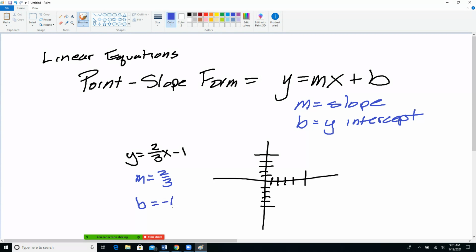My y-intercept is -1. So I would start right here, and I would go up 2, over 3. Up 2, over 3. There it is. Not the best line and not the best graph, but you get the idea.